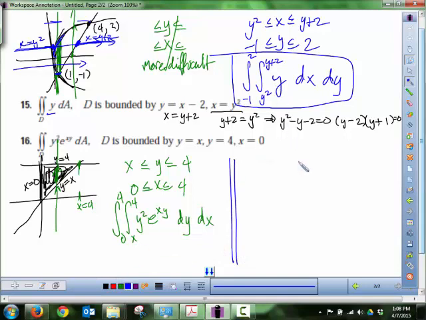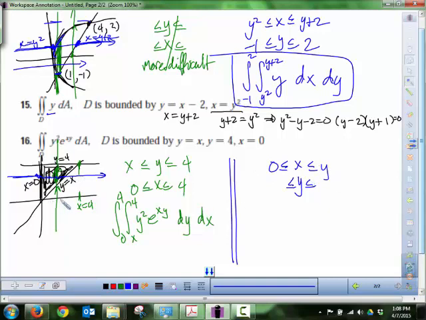So we're going to set up our integral. This time we're going to integrate with respect to x first and then y. And we go back to our graph. We're going to draw a line parallel to the x-axis and figure out when we enter and exit our region. We enter our region when x is equal to what? And we exit our region when x is equal to y.